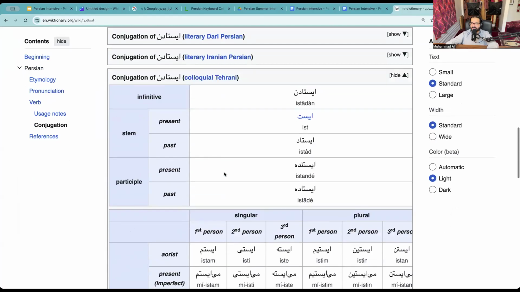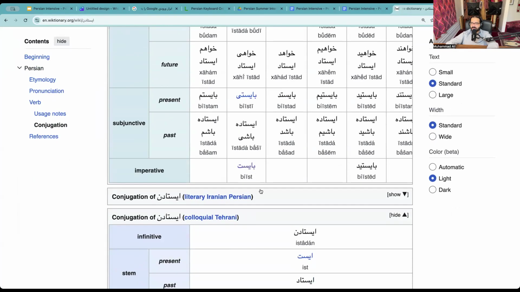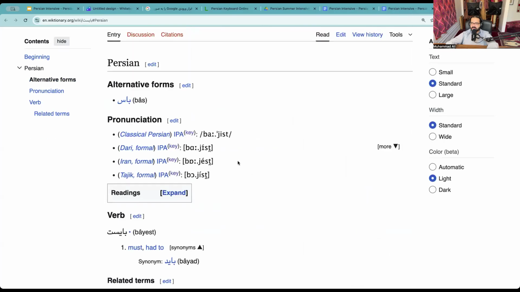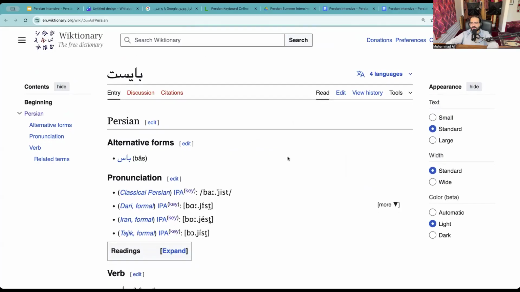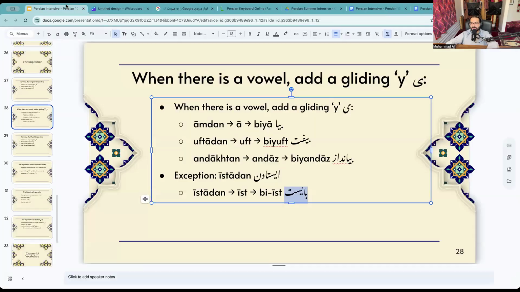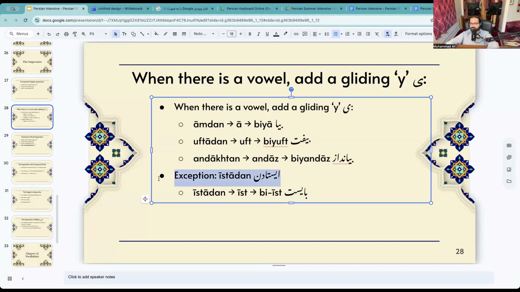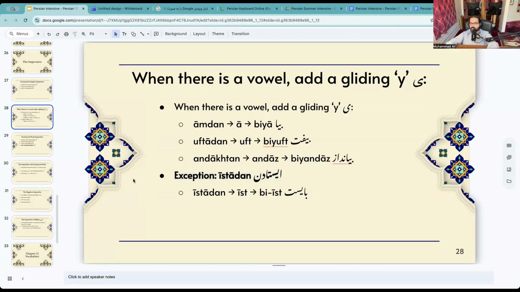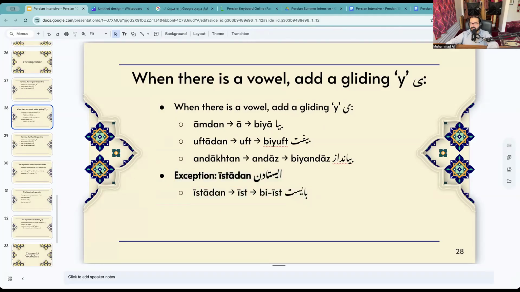But when I click it, it just brings me to bayast. Let's see if the Dehkhoda does that. Yeah, bayast. Literary Persian will be the same. Yeah, so this must be a classical thing, but it doesn't actually say imperative. I don't know. That's annoying. I wish there was a little usage note. Maybe it's up to me now to go do that, to put the usage note that says this is the only irregular. Sorry, that deserves its own slide just for this sake. Yeah, istadan is beist. Really weird.